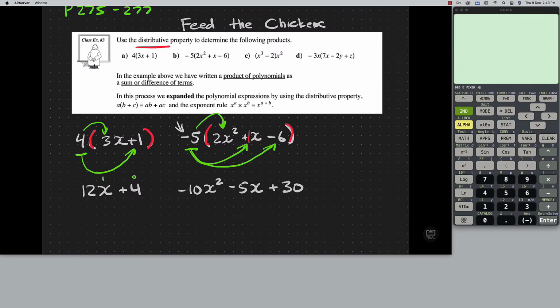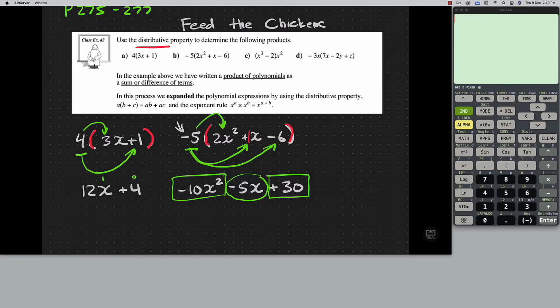Then we want to double check, make sure there's no like terms. So I've got squared right here. That's my first term, negative 10x squared. My second term is negative 5x, and the final term, which is a constant, because there's no variable right there, is going to be 30.